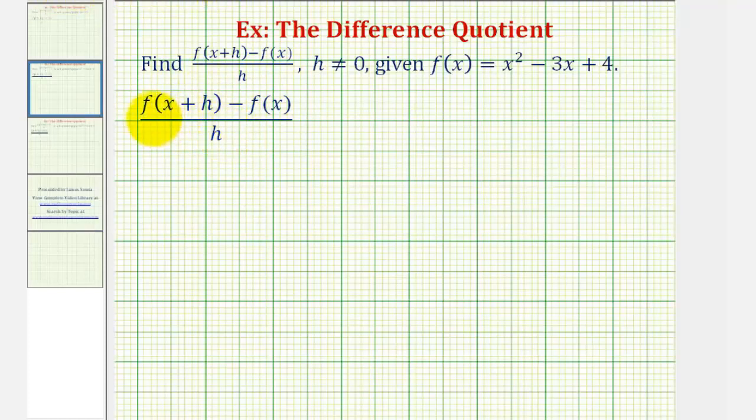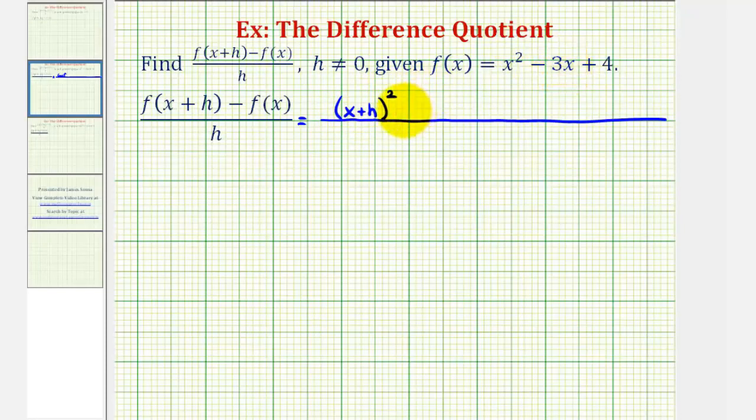So to start, we want to find f of the quantity x plus h, which means the quantity x plus h is the input into the given function. So wherever we see x, we'll replace x with the quantity x plus h. So if f of x equals x squared minus 3x plus 4, f of the quantity x plus h would be, instead of x squared, x plus h squared.